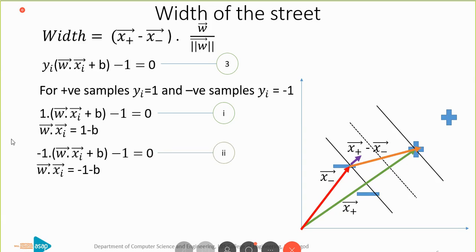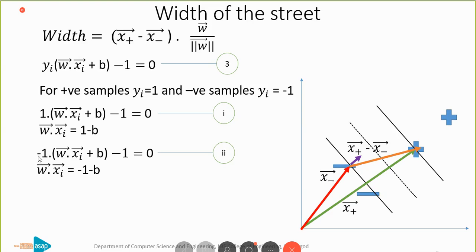Now let us do it for the negative samples. When I do it for the negative samples, I'll multiply it with minus 1. So you multiply with minus 1 over here, and you'll be getting w dot xi. You can take w dot xi to the other side, so you'll be getting minus 1.